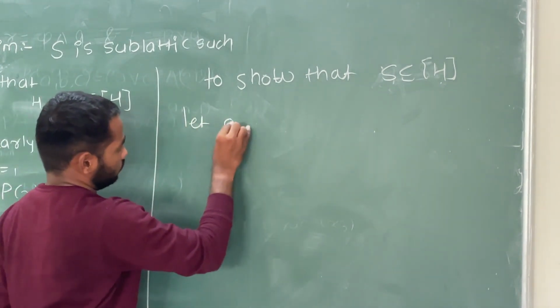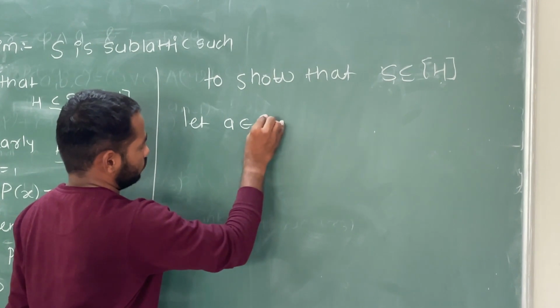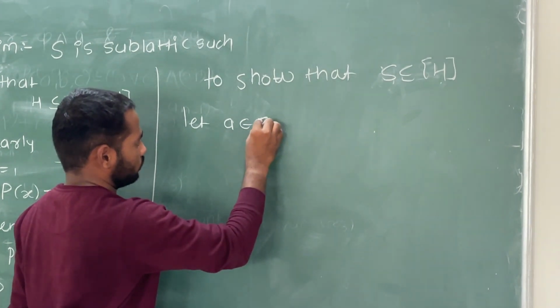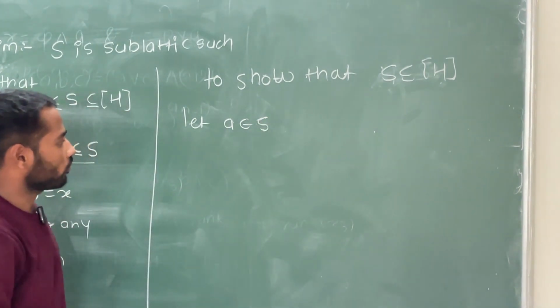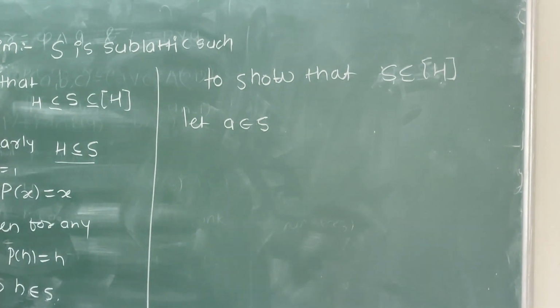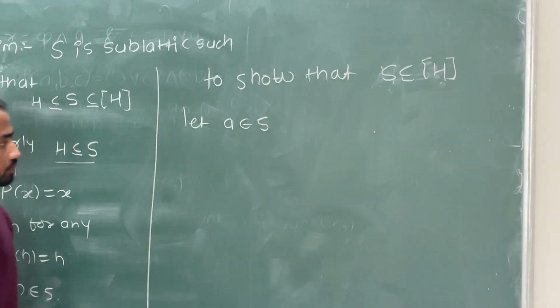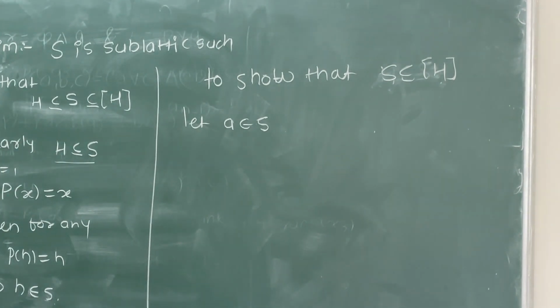So let a belong to S. What is the meaning of that? S is the set of values where a is equal to P of h0, h1 up to hn minus 1, the value of some polynomial. Yes or no?